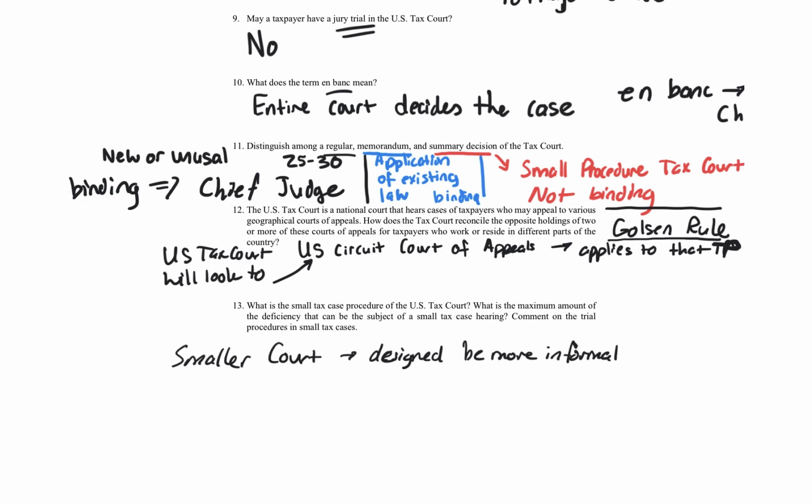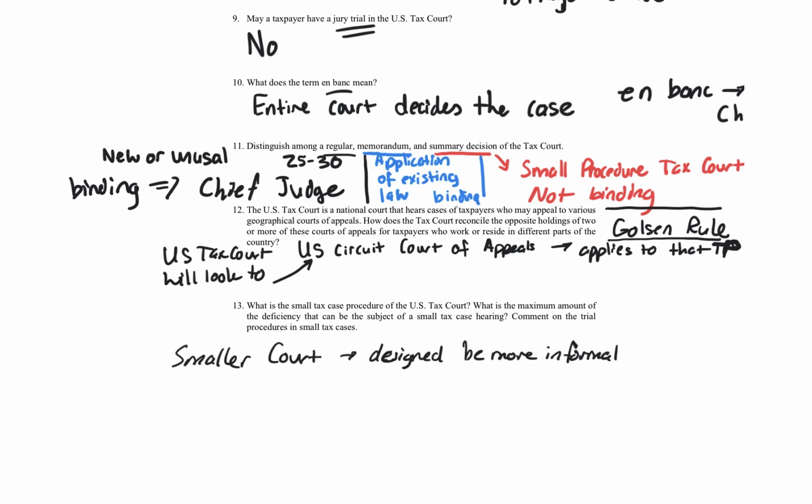What is the maximum amount of deficiency that can be the subject of a small tax case hearing? It depends on when you are watching this, but it could change. At the time of this video, it's $50,000 plus interest for deficiencies and $50,000 plus interest and penalties for collection. It's up to that amount.